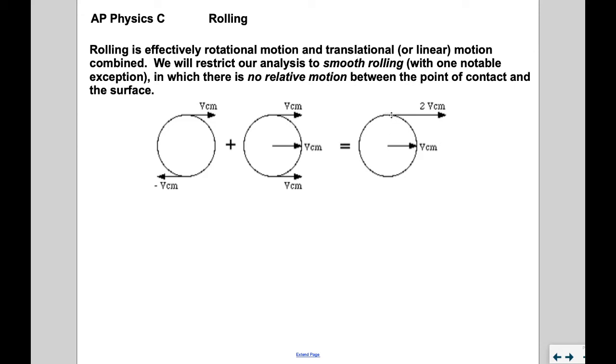We also see that at the top of the object, the point on the edge that's moving to the right, because those two velocities add up, we find that the top of the object is actually moving to the right at twice the velocity of the center of mass.